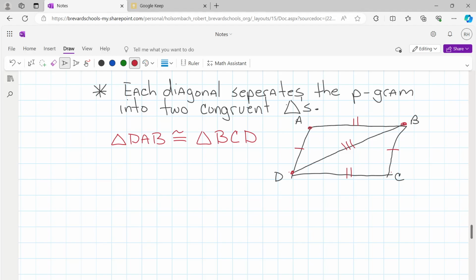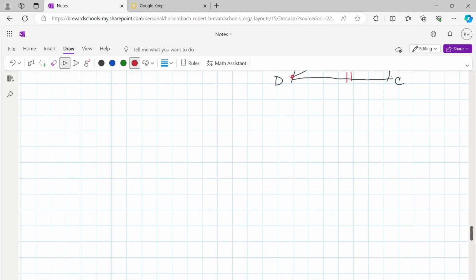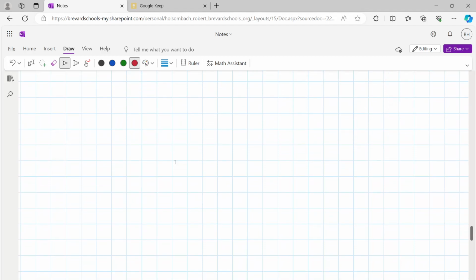All right, so on page 45, we've got example 2. And I'm going to draw that diagram, QRST, label it, and then we're going to solve for some variables. So this is example 2.